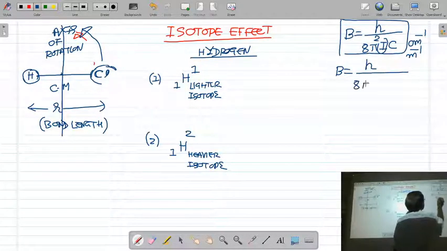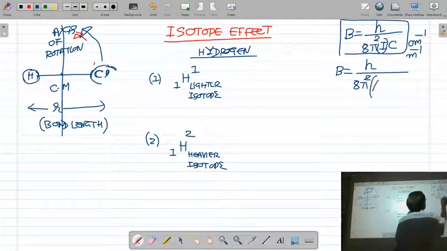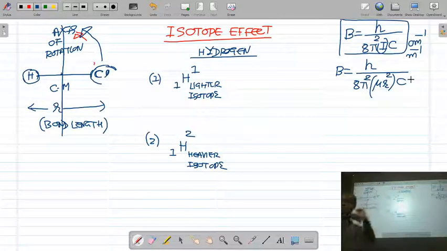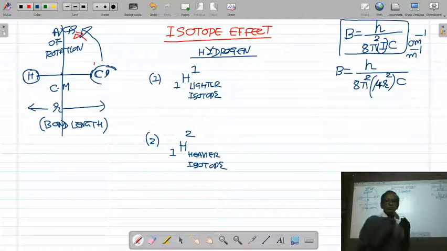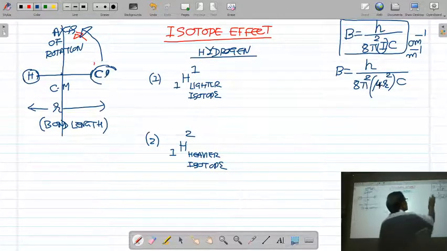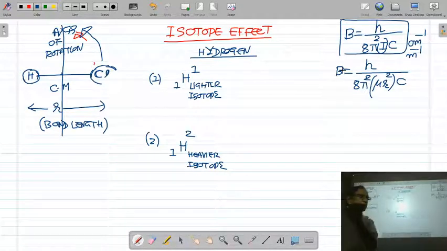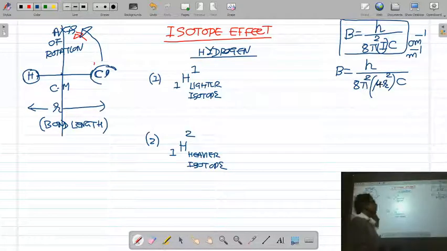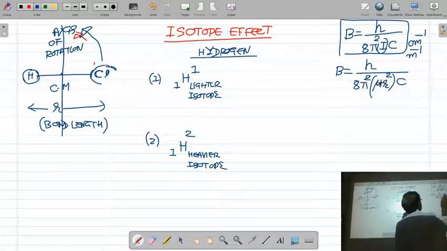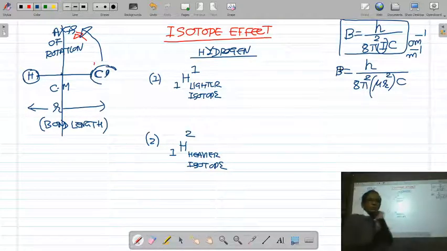So the moment of inertia of the molecule is mu r square. You can see from this equation that as the reduced mass mu of different isotopes is different, the rotational constant B is also going to differ.